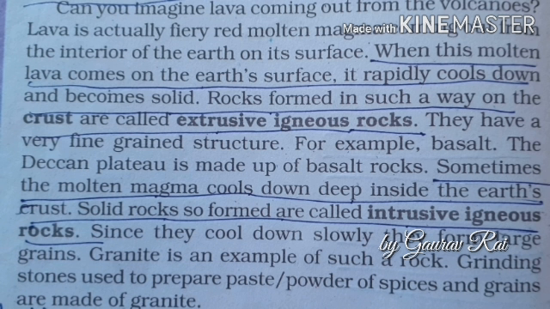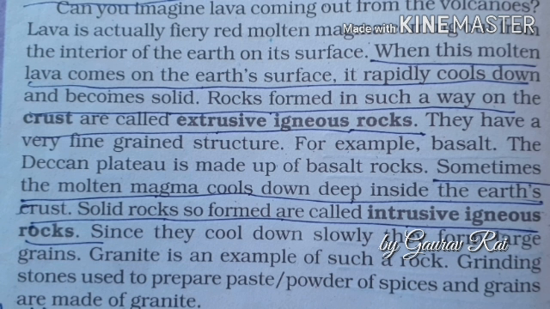What are extrusive igneous rocks? When the molten magma comes on the Earth's surface after eruption, it cools rapidly, and after becoming cold, it converts into extrusive igneous rocks.